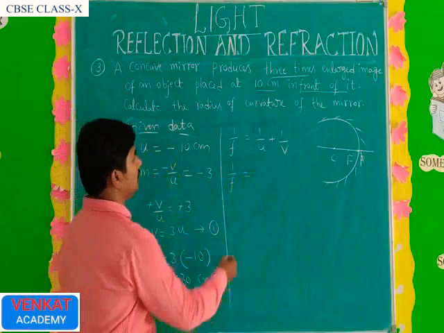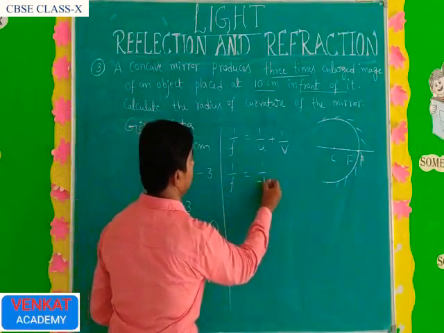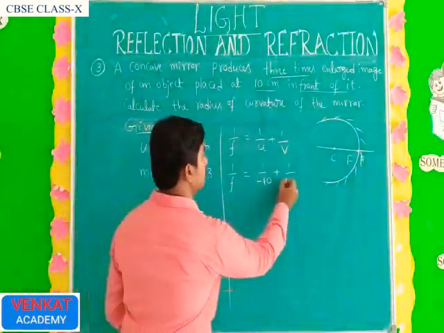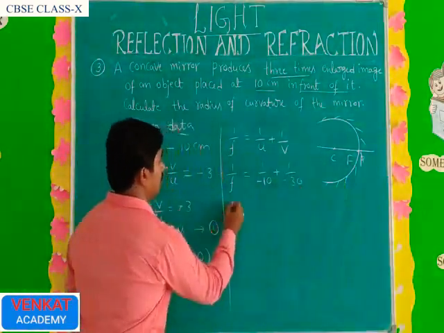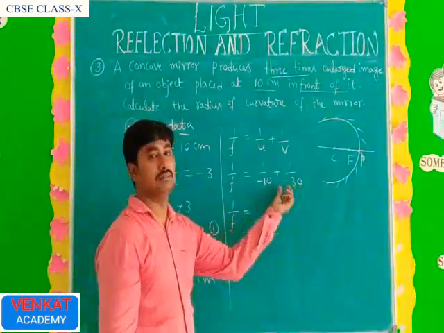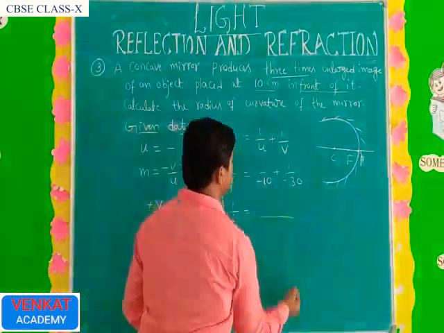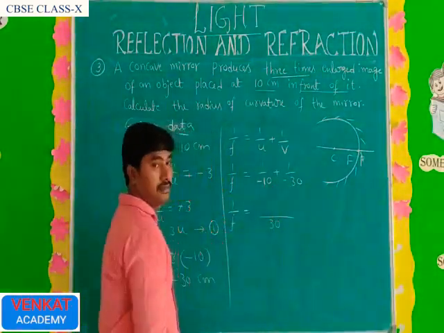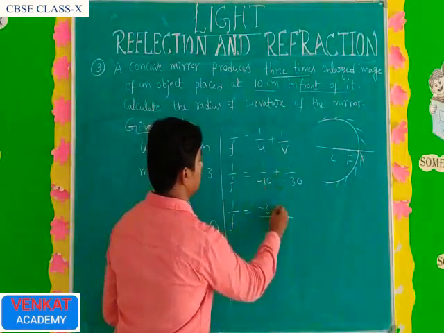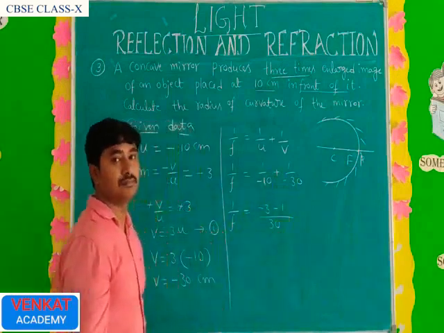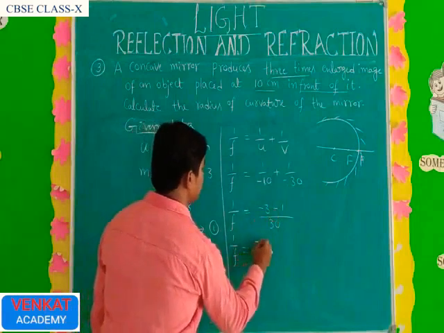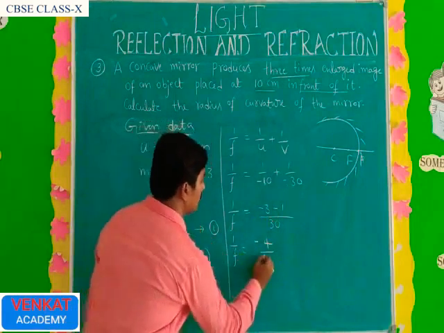So 1 by f is equal to 1 by minus 10 plus 1 by minus 30. Take the LCM, which is 30. Minus 3 minus 1 gives 1 by f is equal to minus 4 by 30.